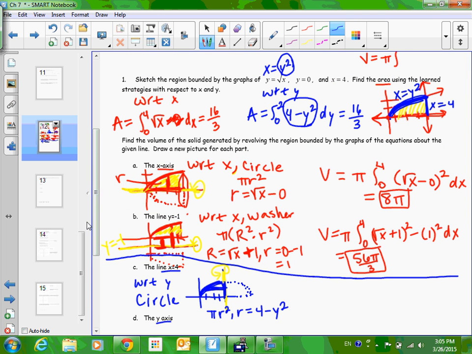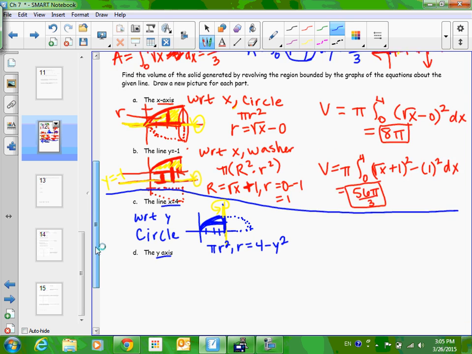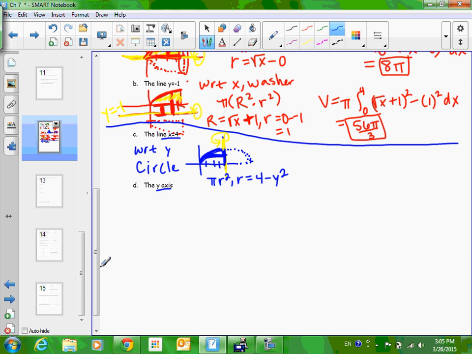Remember what I said, when you do a circle problem, your radius is just like your s. You should be like, good, thank God this is a circle problem, these are easier. Don't forget your pi, and my limits of integration now are 0 to 2, and I'm going to do the 4 minus y squared, squared.